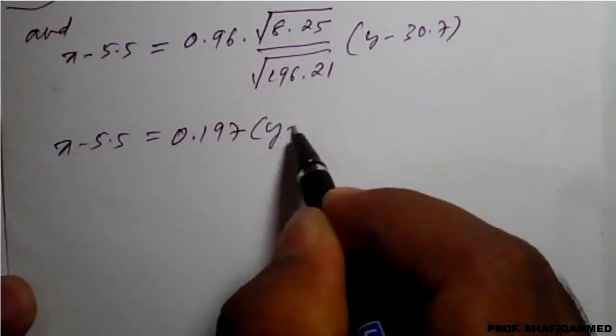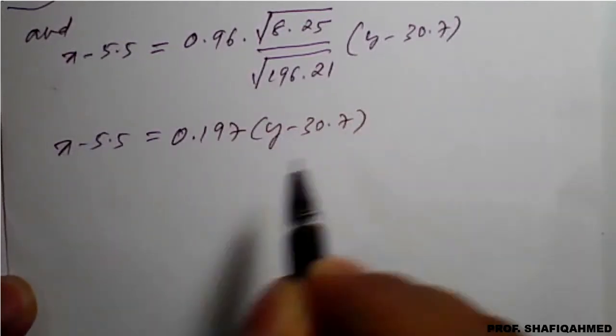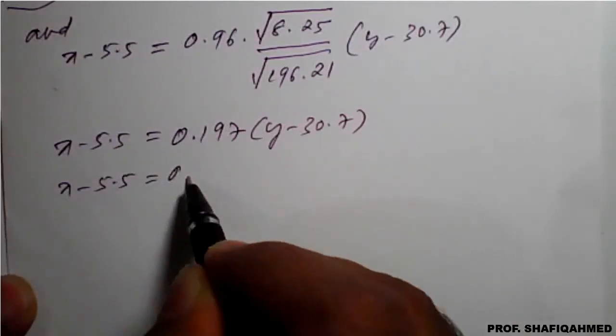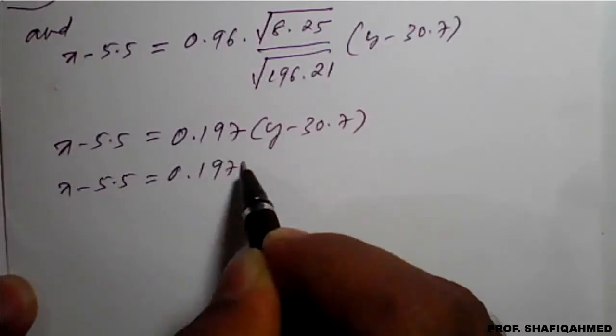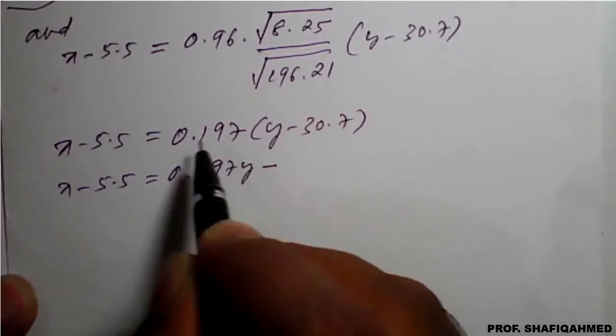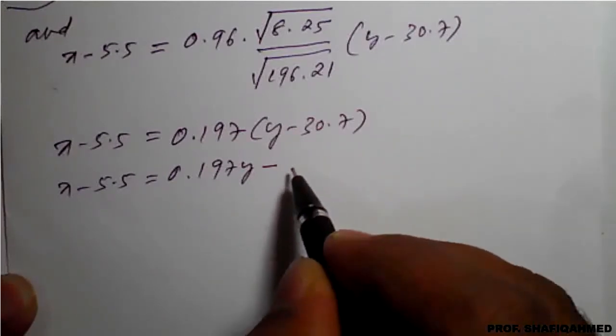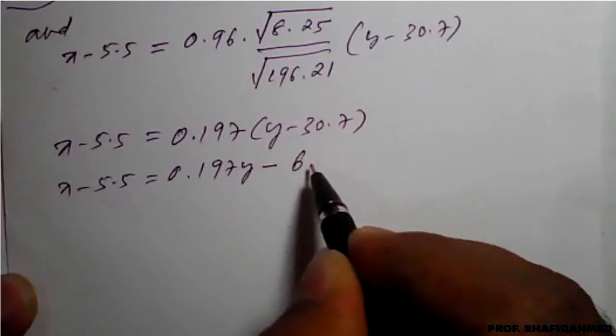So 0.197 of y minus 30.7, that is x minus 5.5, is equal to 0.197y minus 0.197 into 30.7, which up to 2 decimal places I will consider as 6, or else whatever we get, we'll take as it is.